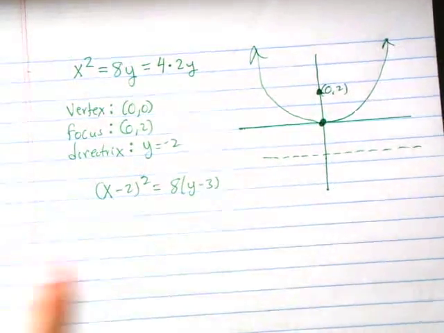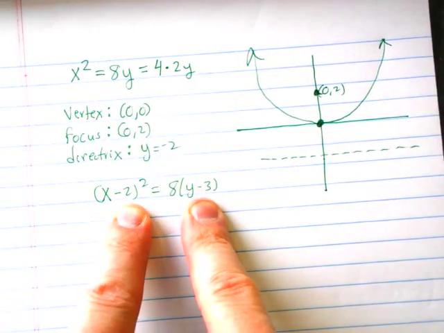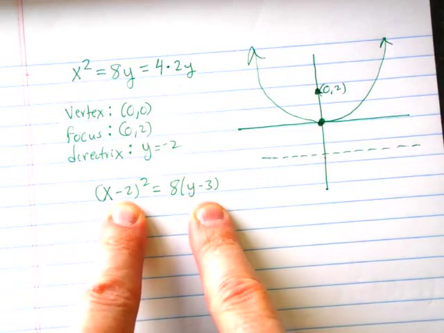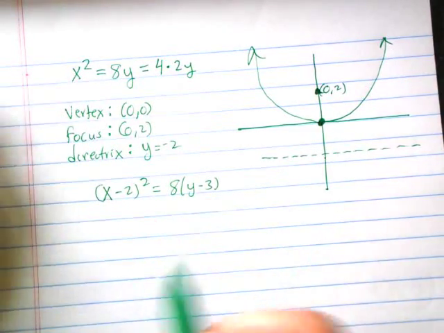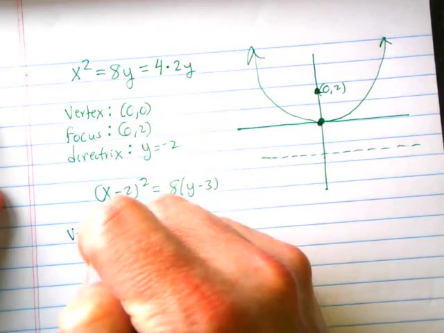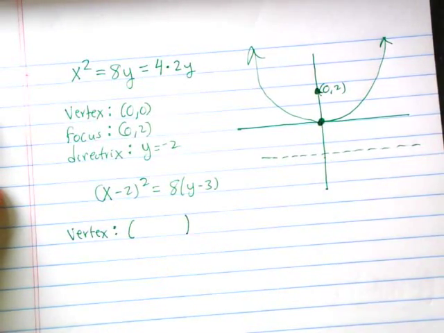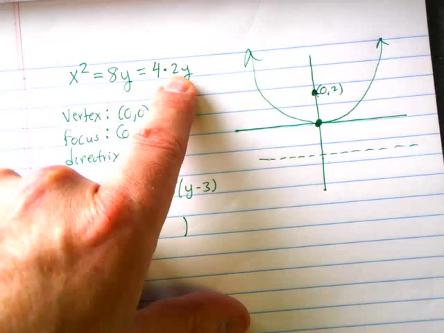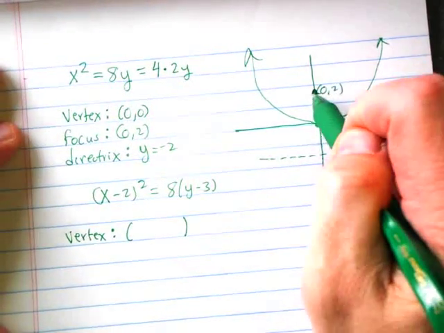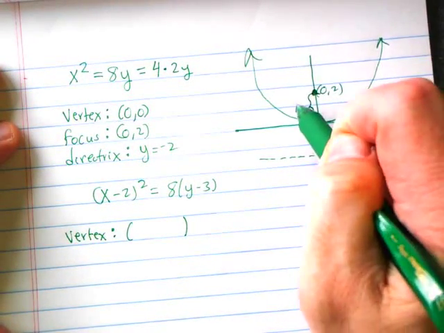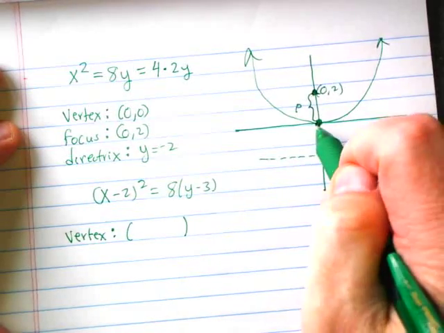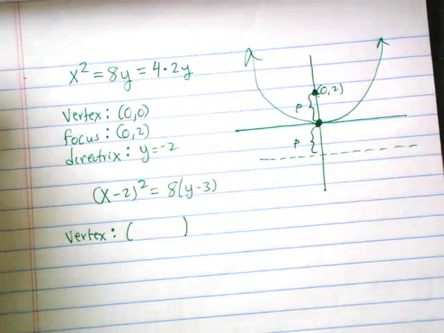All right, well, let's do the same thing as long as we've got this one written down. X minus 2 squared equals 8 times y minus 3. What's the vertex? The p number is always that distance, and it's also that distance.